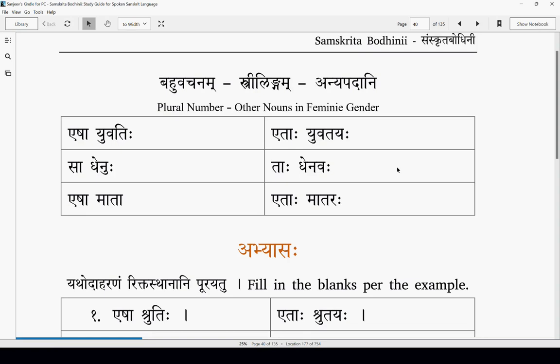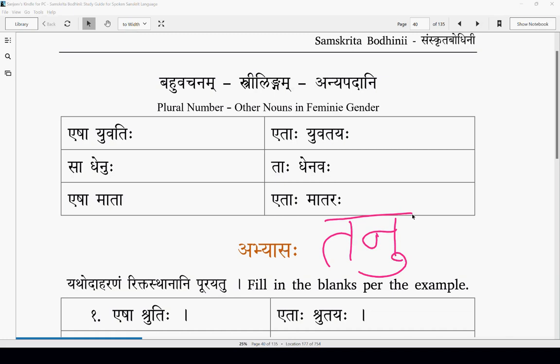Now other examples where strilinga base words end in U. We have Tanu. Tanu means body, sharira.